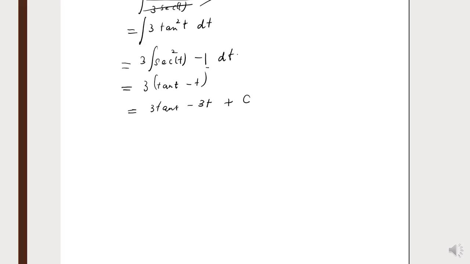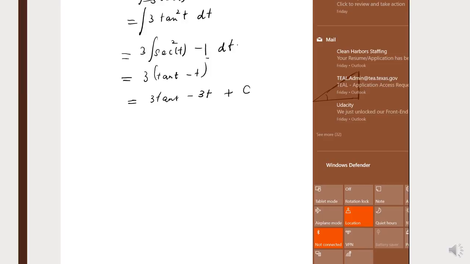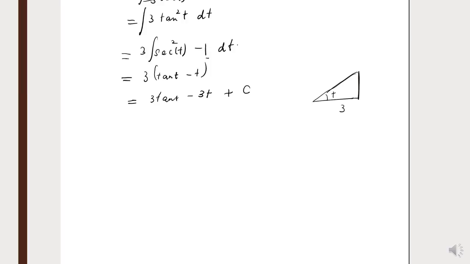To realize this, why don't we draw the triangle to help us find the relations between x, t and a. According to the definition of sec, if this is the angle t, then this must be 3, this must be x, so this one will be the square root of x squared minus 9.